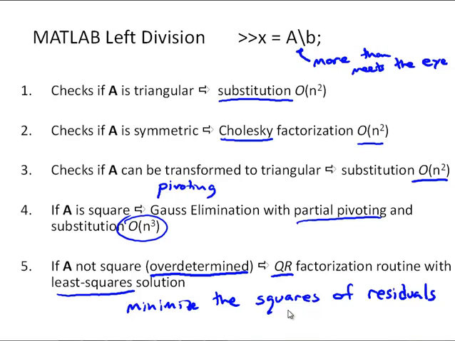So this is why left division is preferred to the matrix inverse. As we talked about a little bit earlier in this video, the matrix inverse, first and foremost, is going to require the solution of the system for multiple right-hand side vectors.